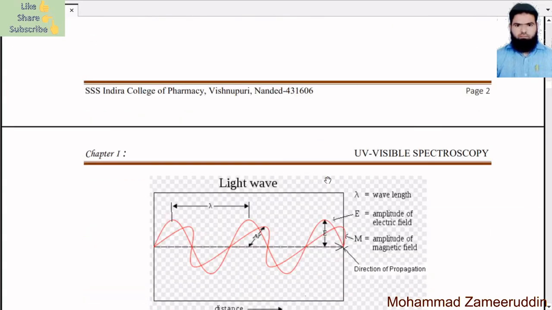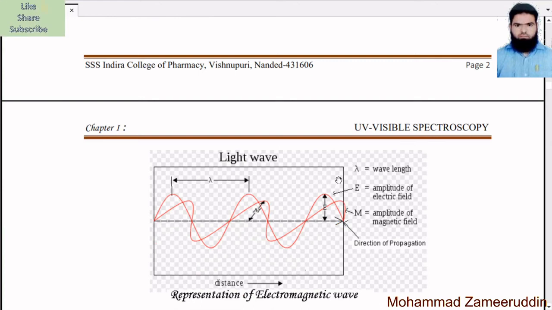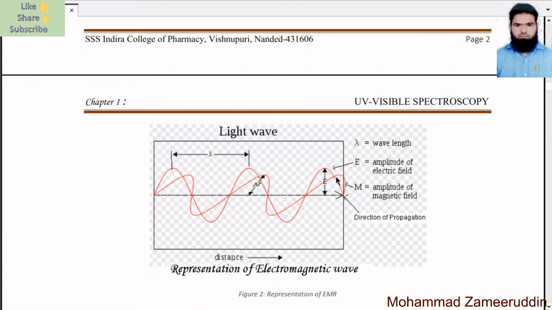Now, we will see how a single wave can be depicted. This is the single wave. This E is the electric field, and this M is the amplitude of the magnetic field. These two components are perpendicular to each other, and they are perpendicular to the axis of travel.